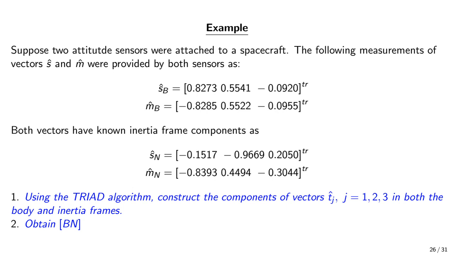I'm assuming we have two attitude sensors that were attached to a spacecraft, and we have obtained measurements of vectors S hat and M hat. So let's say the one S is for sun, this is for electromagnetic field, and here are the values.